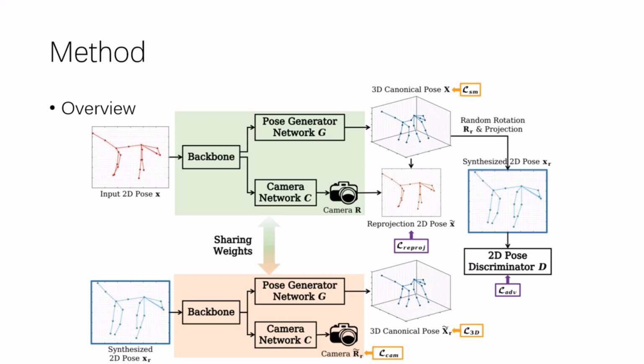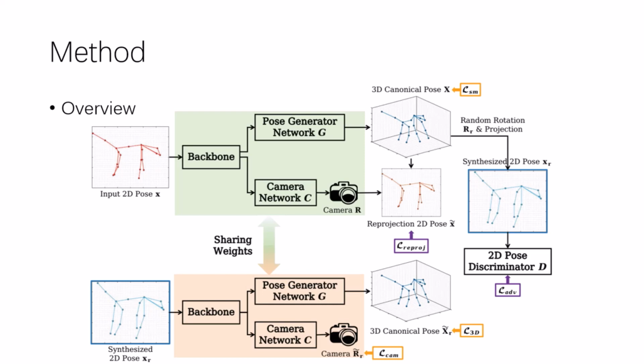Based on the above assumptions, we propose an unsupervised 3D animal canonical pose estimation method with geometric self-supervision. The method flow is shown in the figure. The proposed network consists of 3 parts: the pose generator network, camera estimation network, and the 2D pose discriminator.